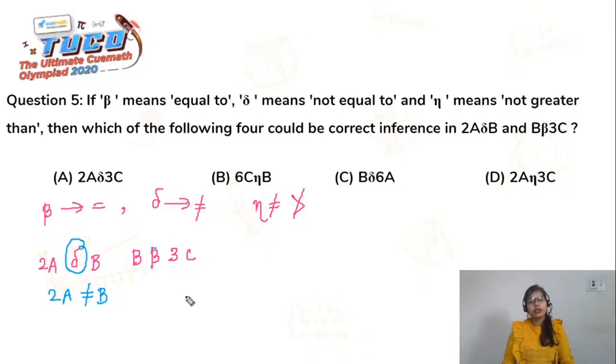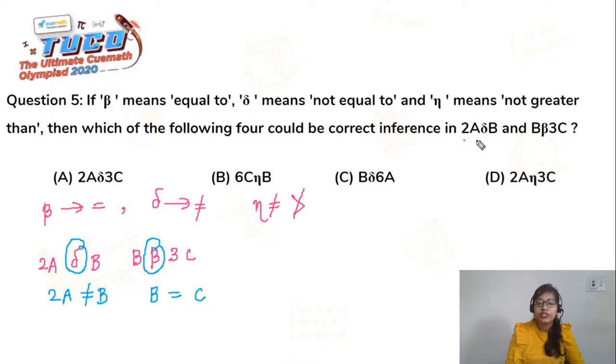So from here what you could see is you have a beta which is there in between b and 3c. And according to beta, this has to be equal to. So I can say b is equal to c. Correct? So these are the two inferences which I have got from the conditions that are given to me.